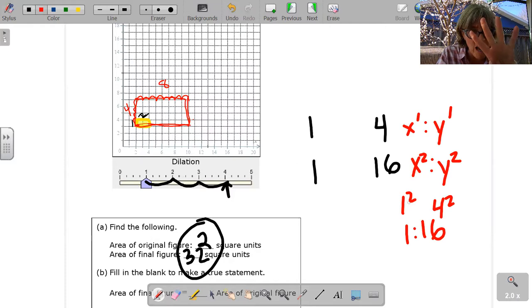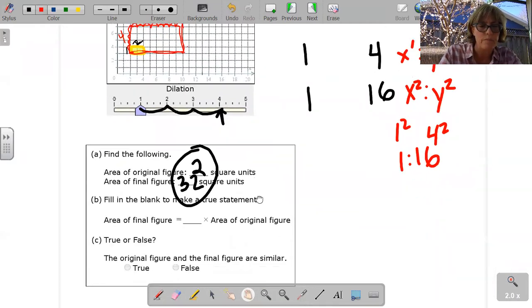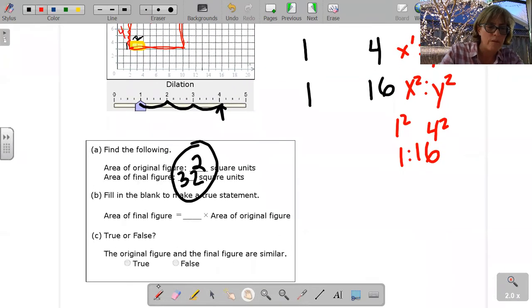So although the side length is 4 times as big, the area is 16 times as big. The area of the final figure is 16 times larger than the original. Are they similar? Yes, same shape, different size.